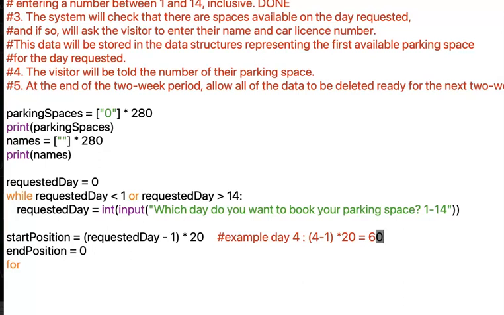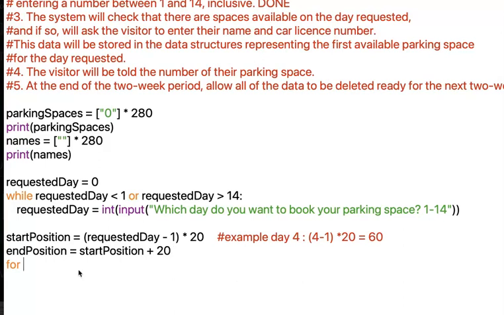Now for the end position, we need to work that out too. End position is just our start position plus 20, and that's where we're going to end, because remember, we've got 280 spaces, they're allocated by days, and we just move 20 spaces, and that will get us our final space.